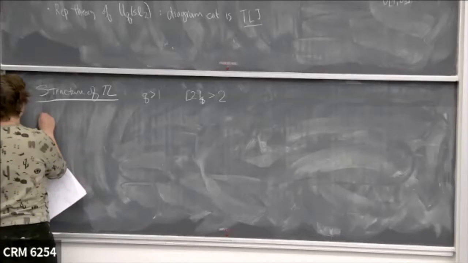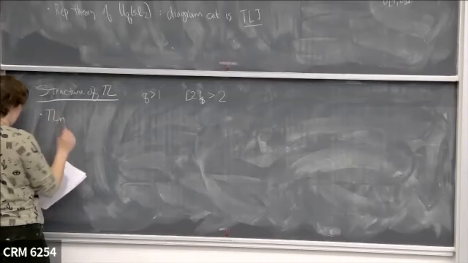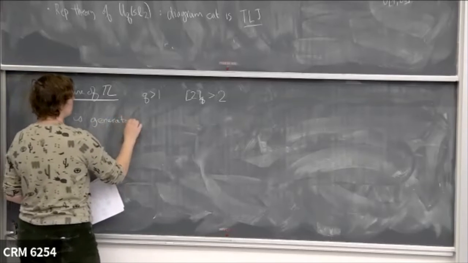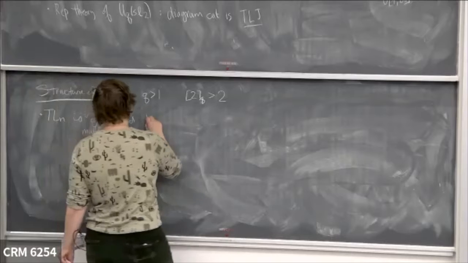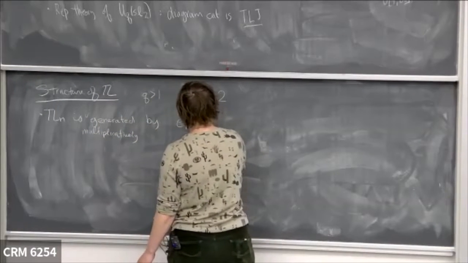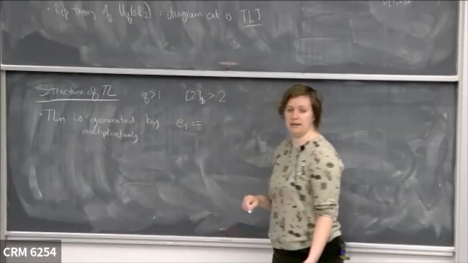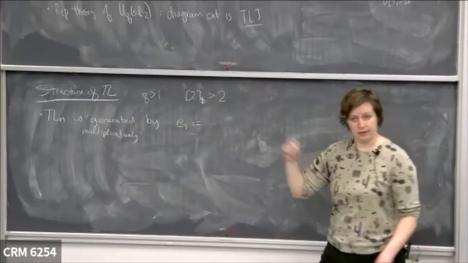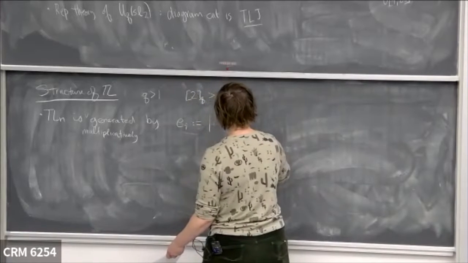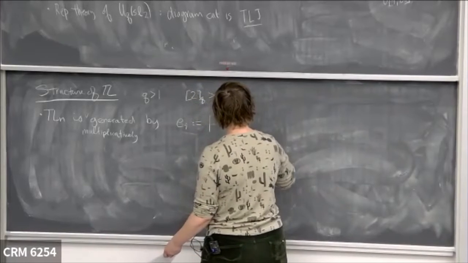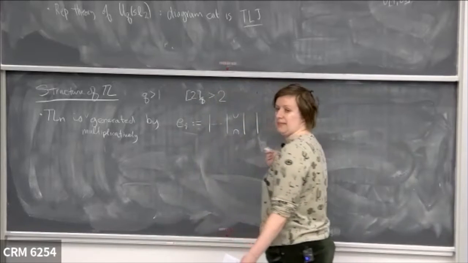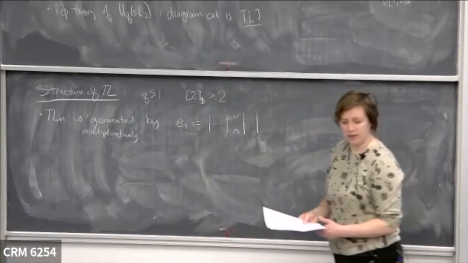Okay, so the first thing I want to say is that TL_n is multiplicatively generated by projections e_i, which we will define to be a lot like the braid group generators. So they'll have mostly straight up and down strands, and then in one place in the middle, they'll have a cup and a cap, and then nothing but straight up and down strands from there on out.